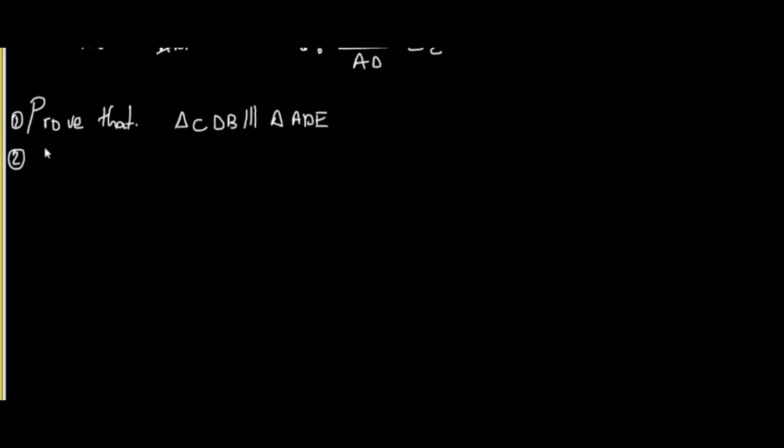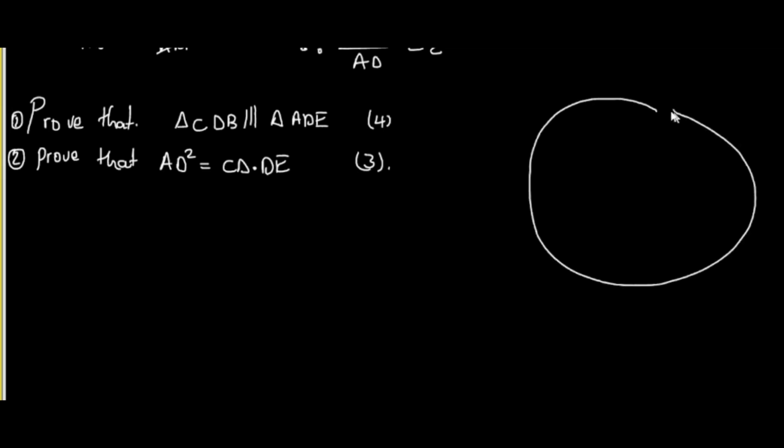The second one, we need to prove that AD squared is equal to CD times DE. So now this will be 4 marks and this will be 3 marks. We are using the same diagram. So I think it's best if we bring the diagram down here.